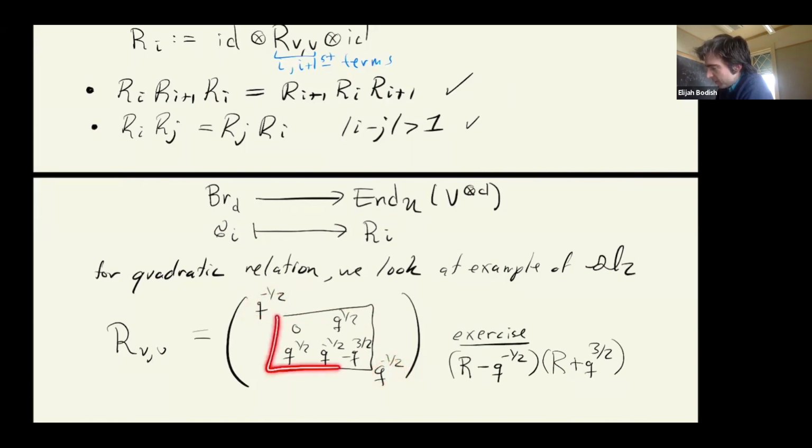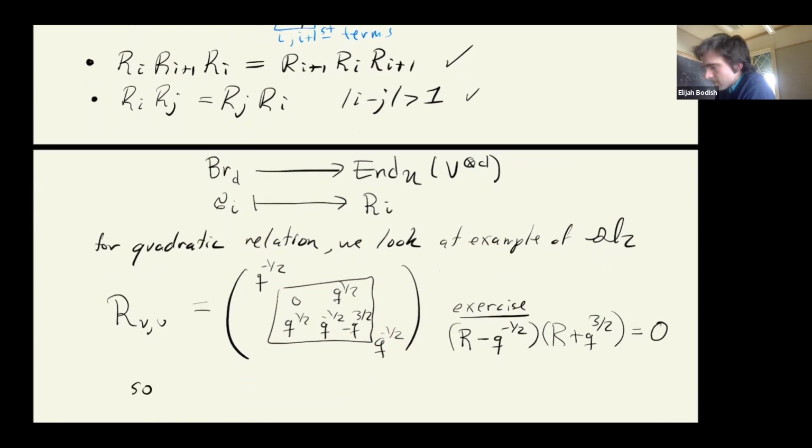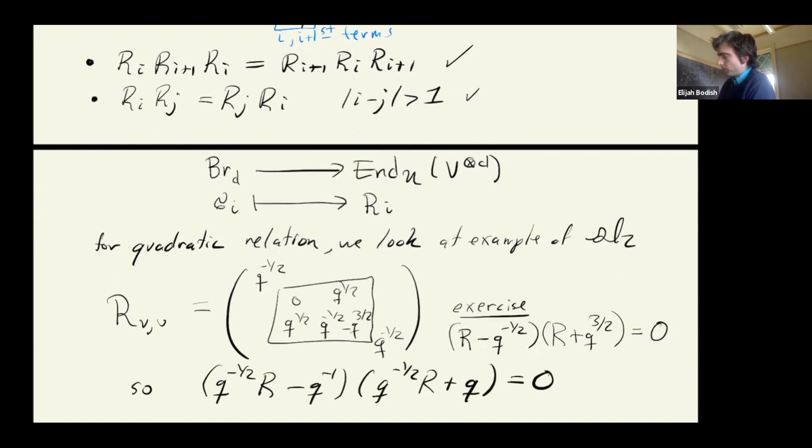So my calculation is still just on this 2x2 block. And adding q^(3/2) will cancel this out and put something here. But if I multiply those two matrices together, I'll just get 0. So that's something you can check at home. And that tells us that if I do q^(-1/2) R minus q^(-1) times q^(-1/2) R plus q, I get 0.